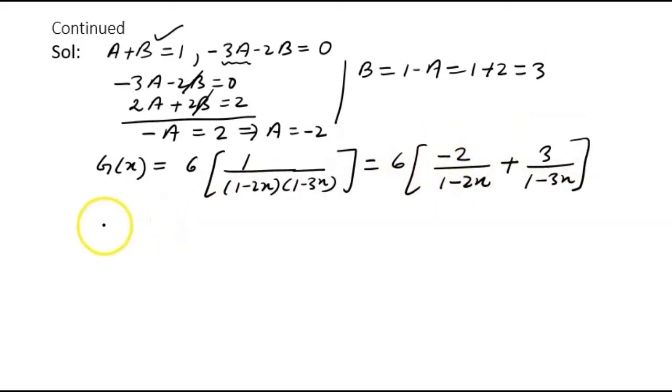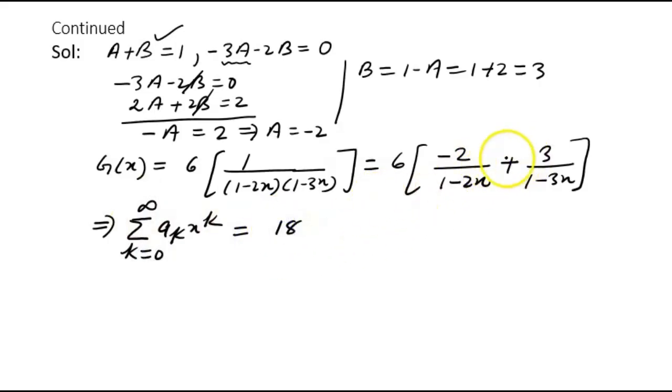Now the next thing is, and this is important, actually what was my gx? My gx was the summation of ak x to the power k, and k varies from 0 to infinity. And here in the right hand side I am getting 18.